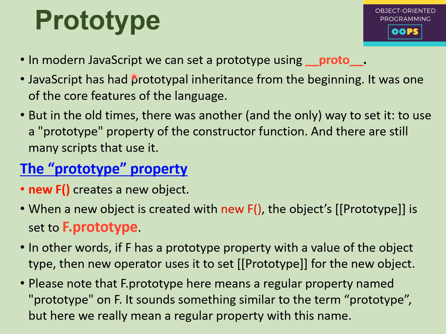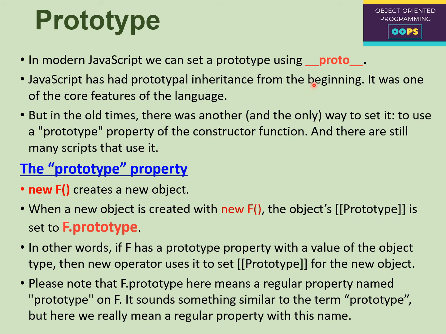So in modern JavaScript, this prototype can be set using underscore prototype underscore. JavaScript had prototypal inheritance from its beginning, and it was one of the core features of the language. But in the older times, there was another way to set it, using a prototype property of the constructor function, and there are still many scripts that use it.